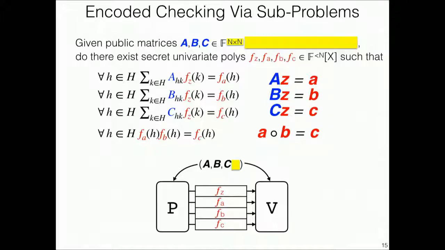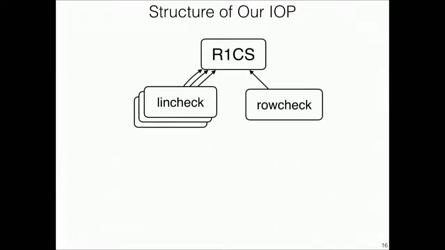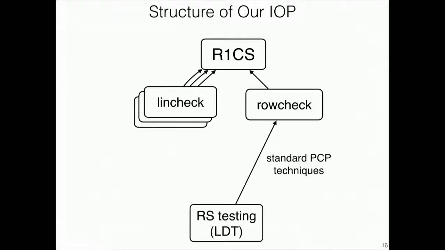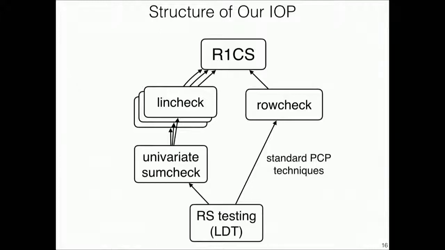For example, in our interactive oracle proof, we have sub-protocols for checking linear relations, which we call the lincheck, and for checking the coordinate-wise product, which we call the rowcheck. And all of this is reduced down to objects that I cannot really talk about here, about testing properties of codes, in particular the Reed-Solomon code. That's the algorithmic core of these SNARKs.